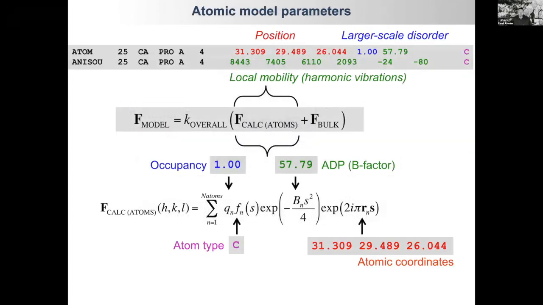Now, how do we actually do this? Just a little bit lower level detail, which is totally trivial. Remember, I showed you atomic parameters, positions of atoms, and some parameters that describe disorder, like occupancy and B factors. If you look at any standard crystallographic textbook, you'll find the formula for the structure factor, F-calc, that relates all these parameters together.